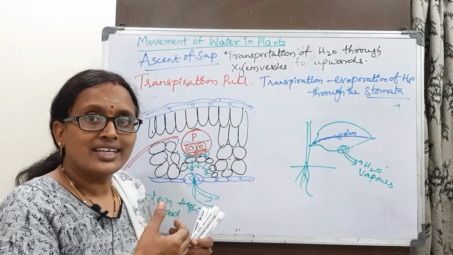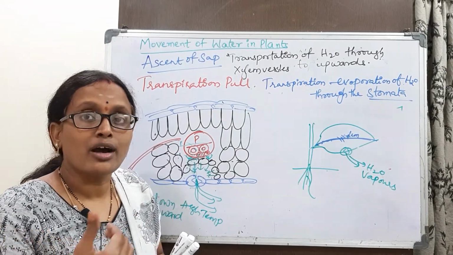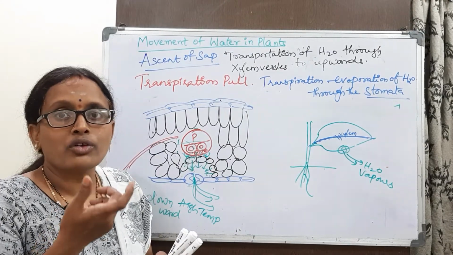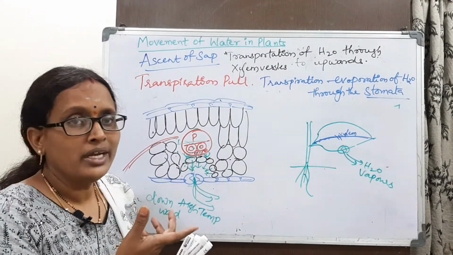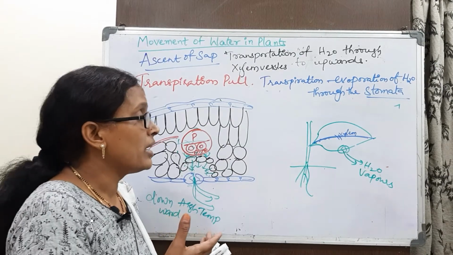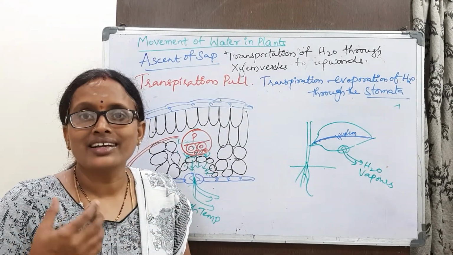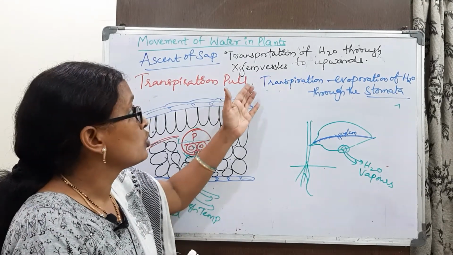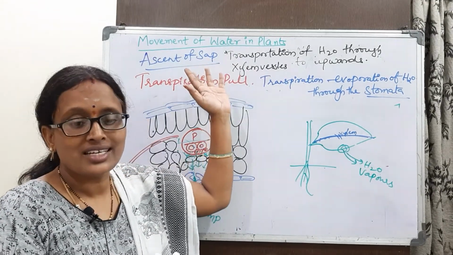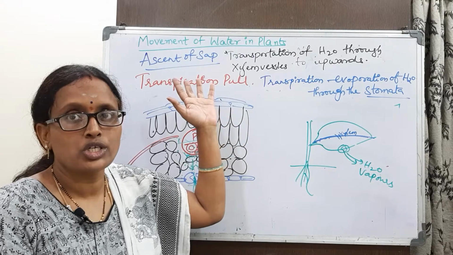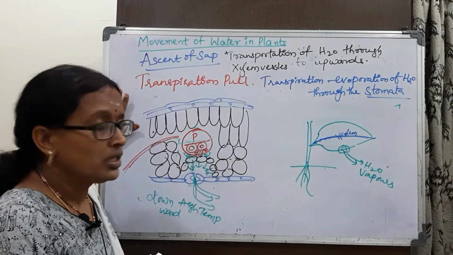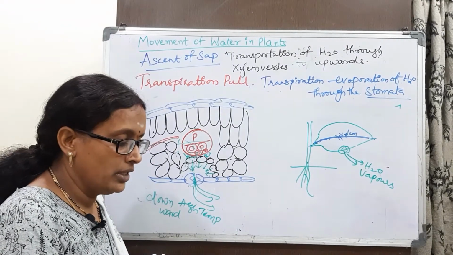Like that, downward tension is created up to the roots, and water moves upwards. By root pressure and transpiration pull, water is moved upwards. That is the ascent of sap, the transportation of water. So this is about how water is transported.